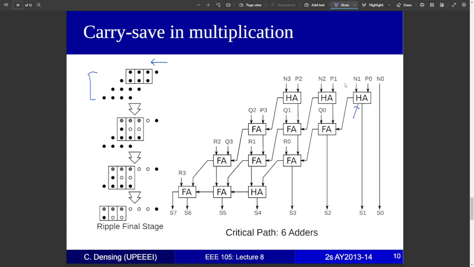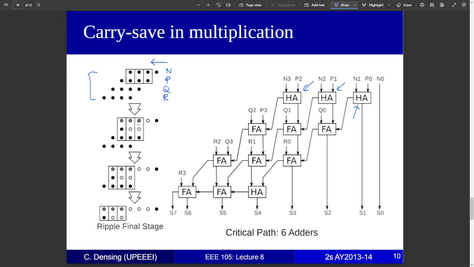You get half adders over here. They call it N, P, Q, R. So those are the partial products we are adding: N, P, Q, and R. We have half adders over here. They produce some bits, the white ones, and carry bits, the gray ones.